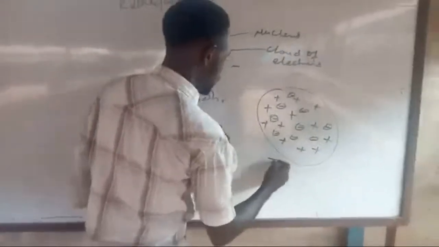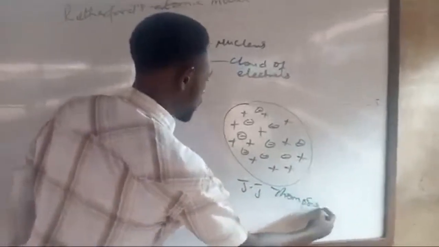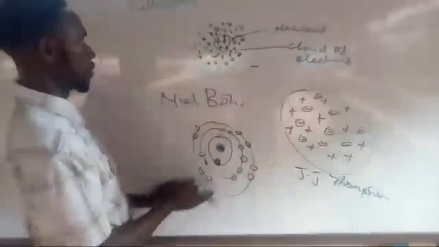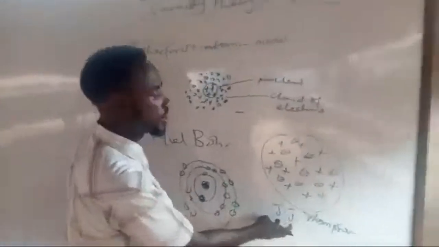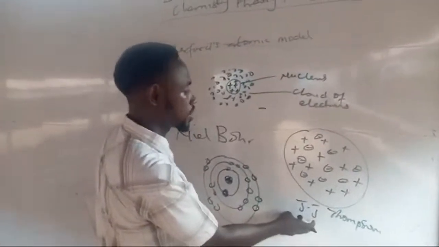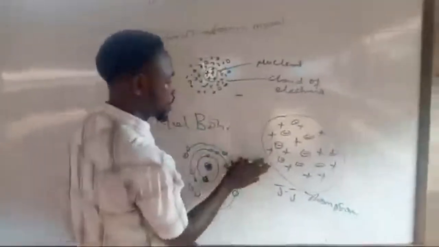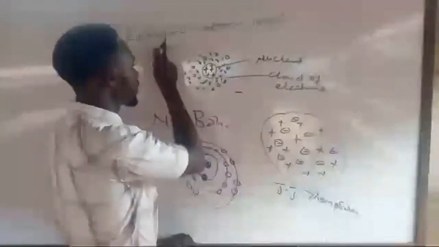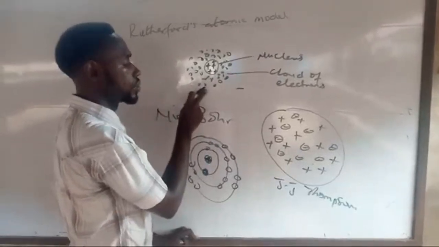While this one is Bohr's and this is Rutherford's model. This was disproved by the alpha scattering experiment, the Geiger and Marsden alpha scattering experiment. The students of Rutherford did an experiment that couldn't prove this correct, and that made Rutherford say that this is what atoms should look like and not like this.